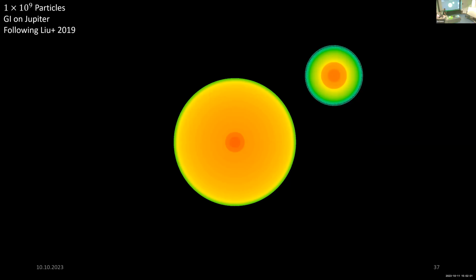And here is something that I'm currently working on. So there's a proto-Jupiter, slightly below Jupiter mass, fully formed, with a rocky core, ice mantle, and hydrogen-helium atmosphere. And the impactor is 10 Earth masses, again with a rock core, ice mantle, and hydrogen-helium atmosphere.